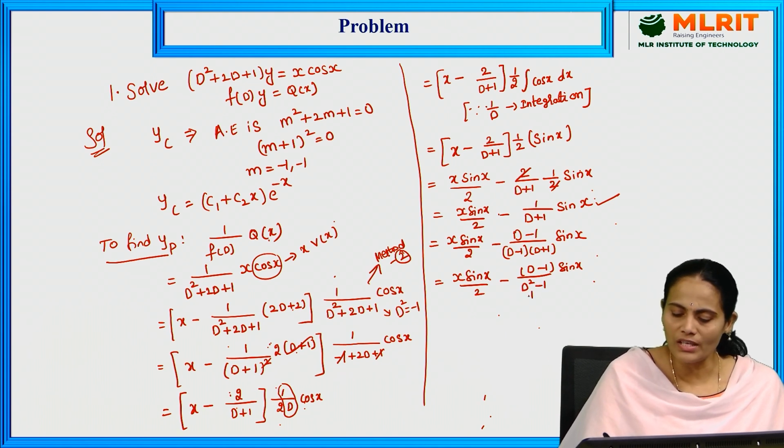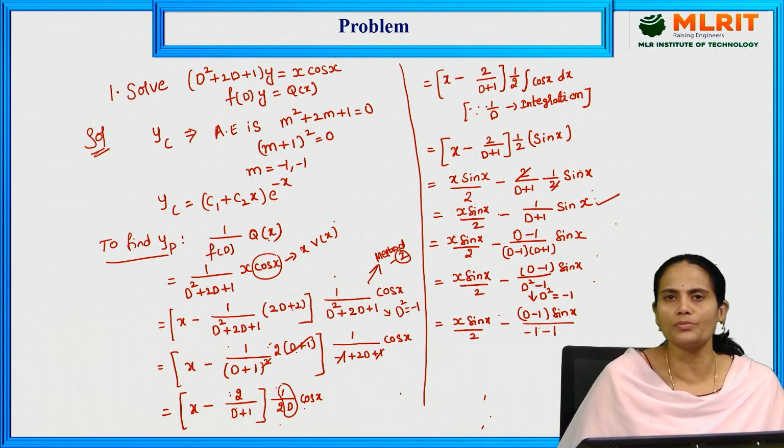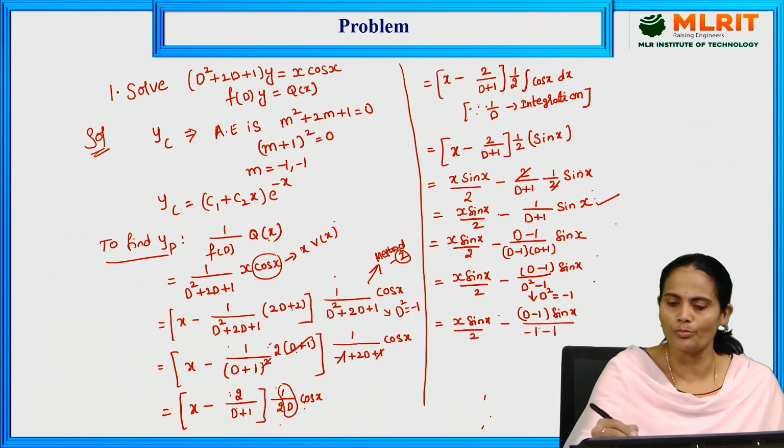So now here the substitution is d square is equal to minus 1. x sin x by 2 minus of d minus 1 into sin x divided by minus 1 minus 1. Minus 1 minus 1 is nothing but minus 2.